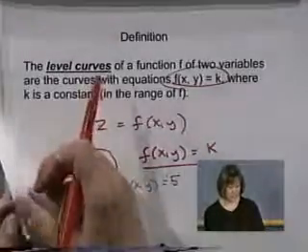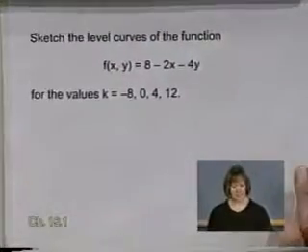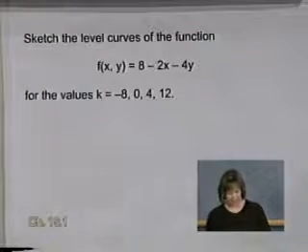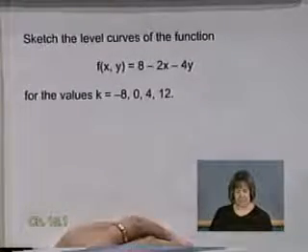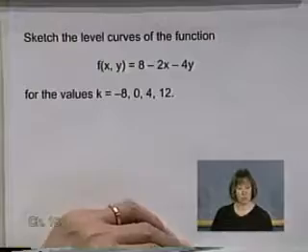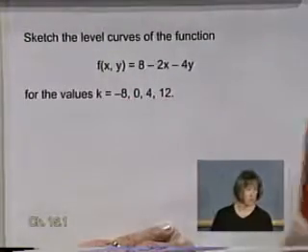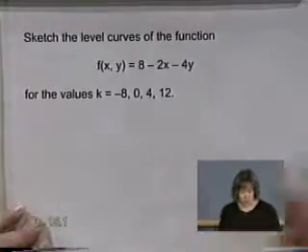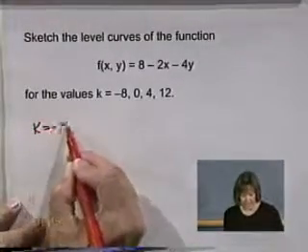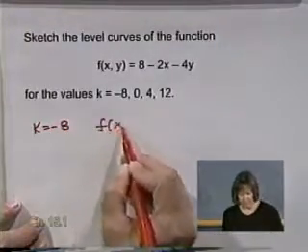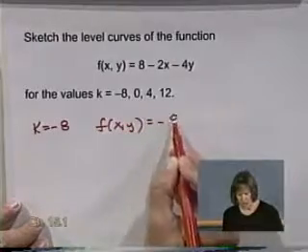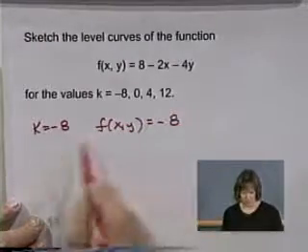All right, so now let's do some of these. Sketch the level curves of the function f of xy equals 8 minus 2x minus 4y for the values k equals minus 8, 0, 4, and 12. All right, so we're first going to do it for k equals negative 8. We want to know what points have f of xy equal to negative 8. Now what's f of xy?